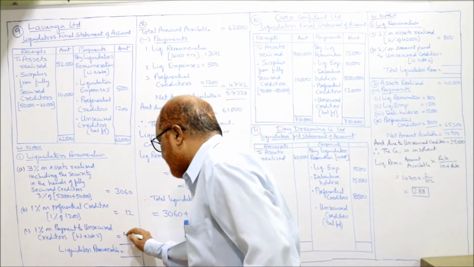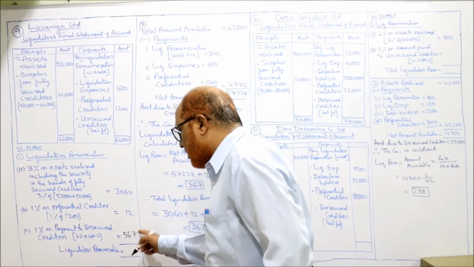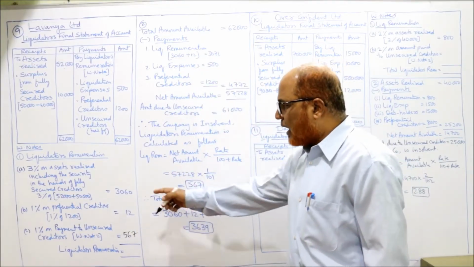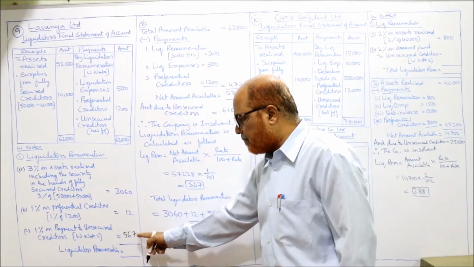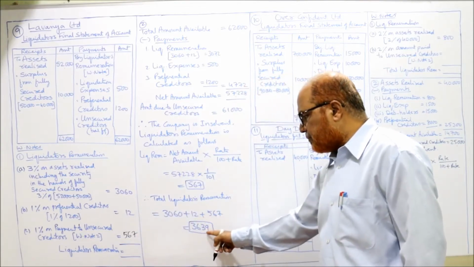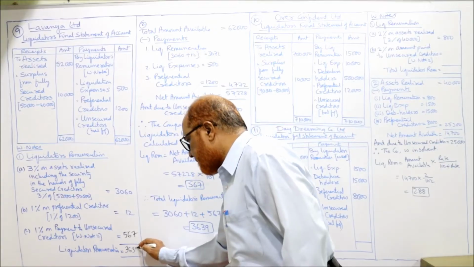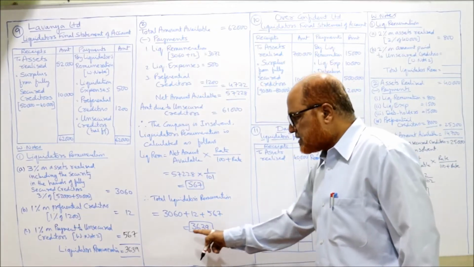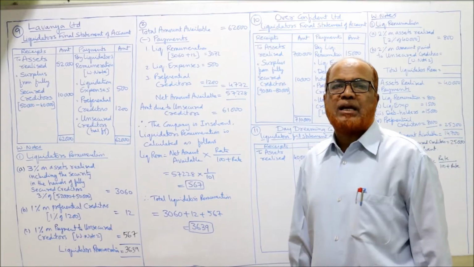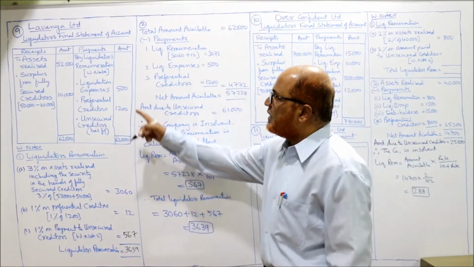I am taking this 567 here. Now add up 3060 plus 12 plus 567, and you will get 3639. 3639 is the total liquidator's remuneration, and this will be taken here.